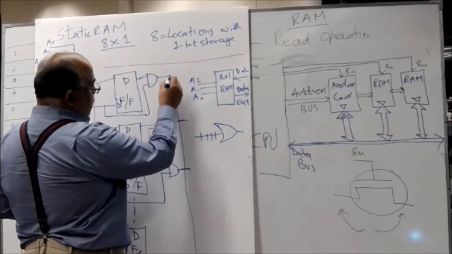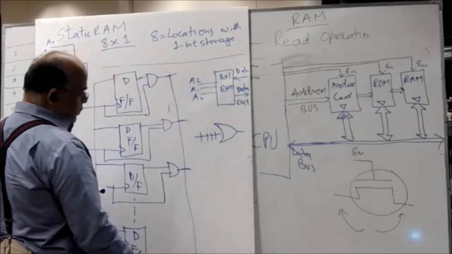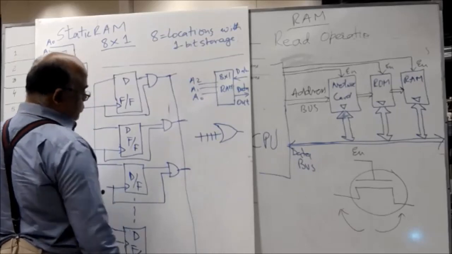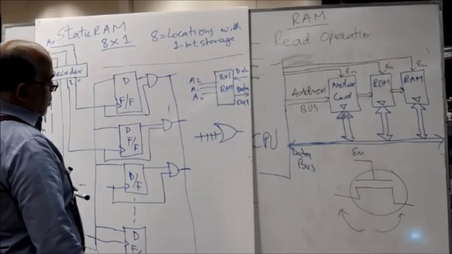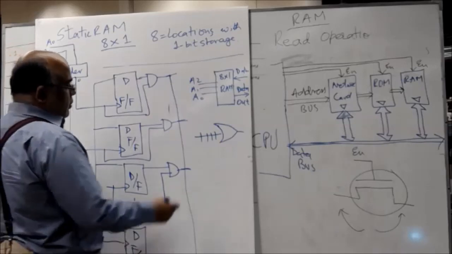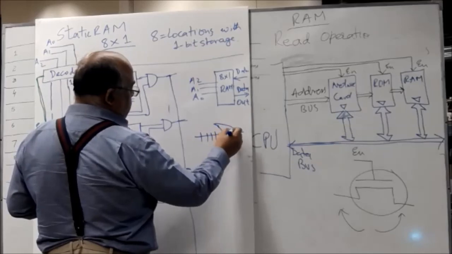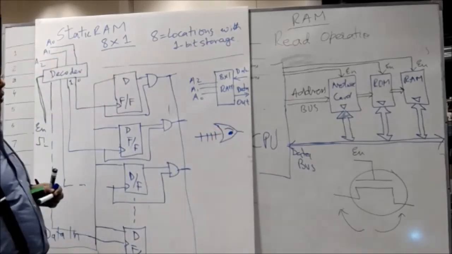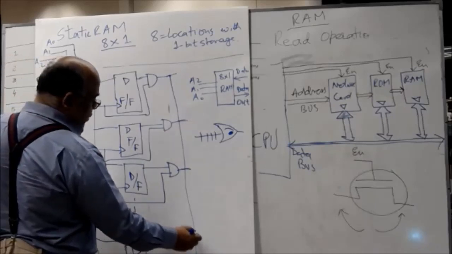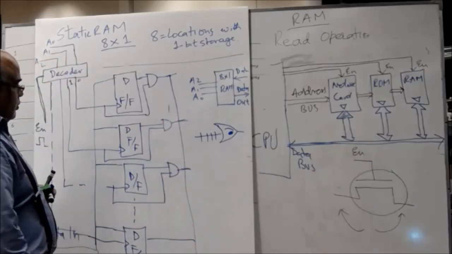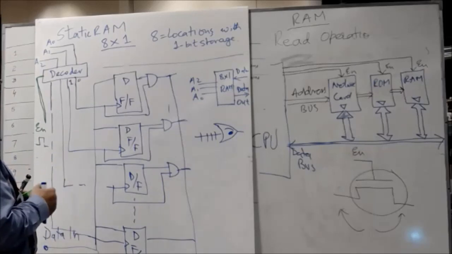These wires are going to this OR gate, and the output of this is basically the OR. It is like a fish-skeleton type of OR gate. So all of these outputs are wired-OR together.